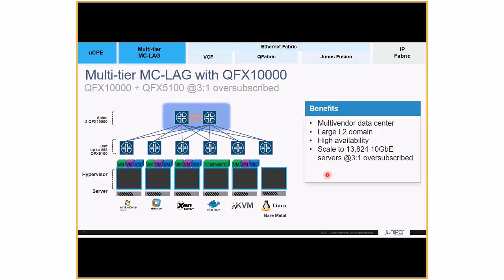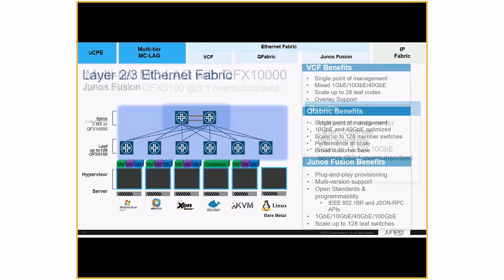As we move to the fabric technology, the key here is what you'll see on all of the fabrics, including Junos Fusion, although it's not listed, is that it's a single management entity. So the key is that the masters or the spines will be the boss, or the controlling component, of each one of the leaf nodes within the fabric.